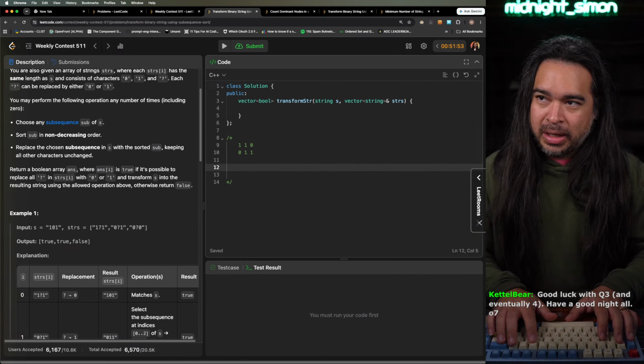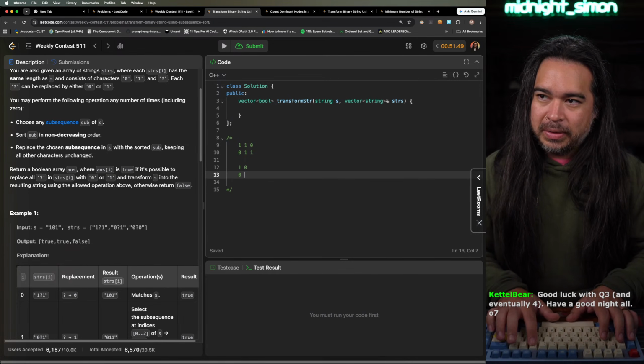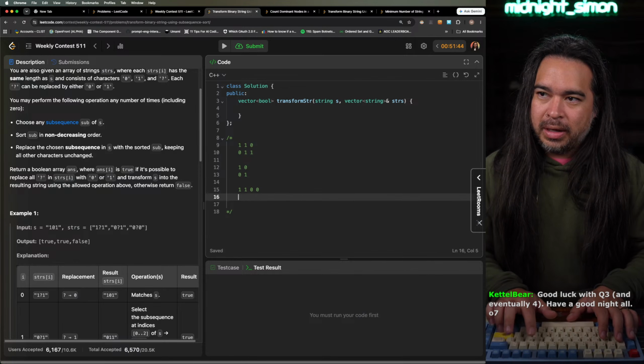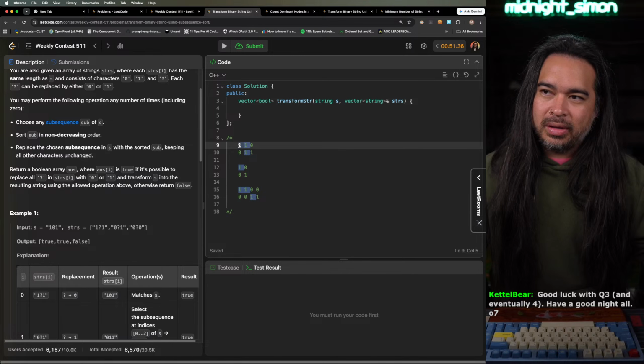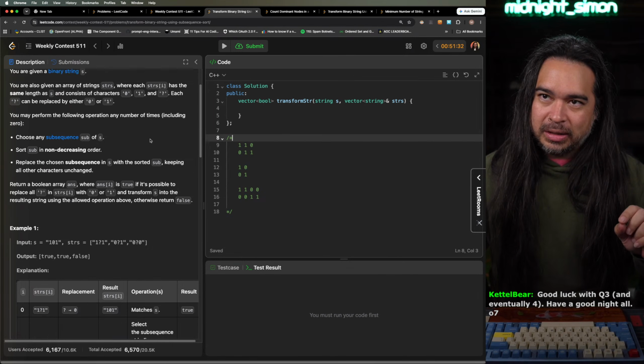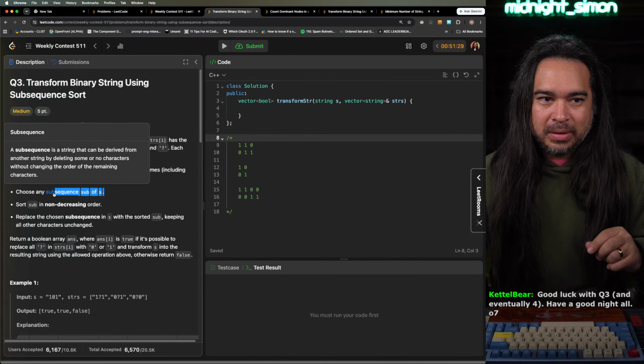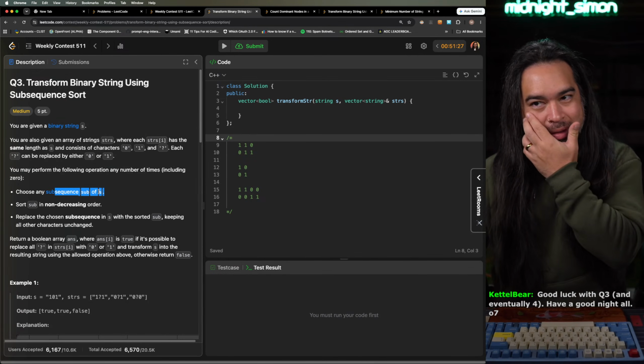We could also have 1 0, and those would just be 0 1. I guess if we had 1 1 0 0, then yeah. So it's like we're able to replace any 0 with any 1 and swap them on the left, to the left of it. I think that's what sorting a subsequence means.